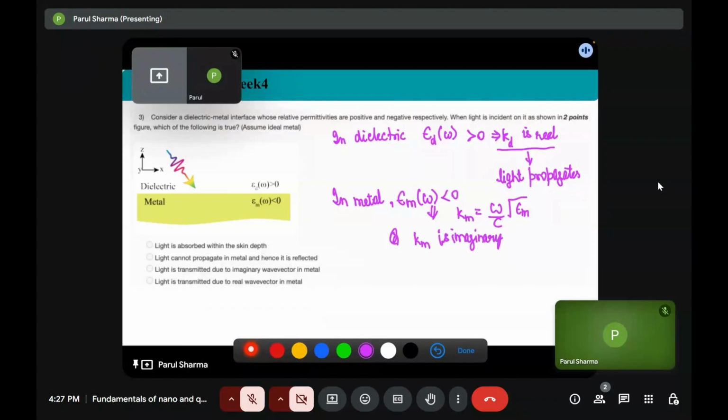So if it is imaginary, what does this mean? There is no propagation, there is an exponential decay.